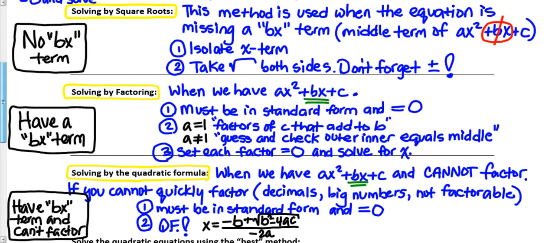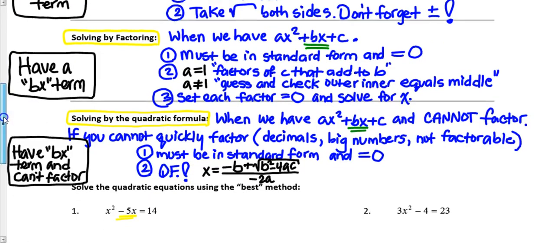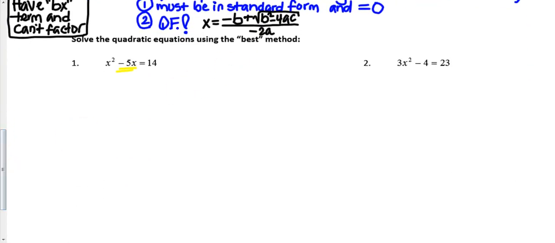If I do not have a middle term, we will solve by square roots. So I'm going to make a little note to myself over here. We are going to solve this one by square roots when we get to it, because there's no middle term.